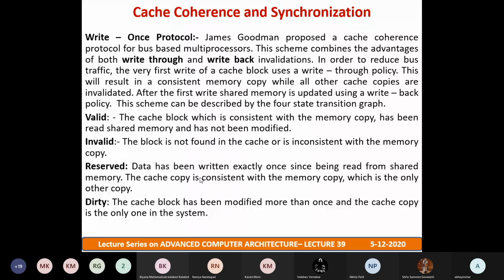Reserved: data has been written exactly once since being read from shared memory. The cache copy is consistent with the memory copy, which is the only other copy. If the cache block has been modified more than once and the cache copy is the only one in the system, then it is called dirty.